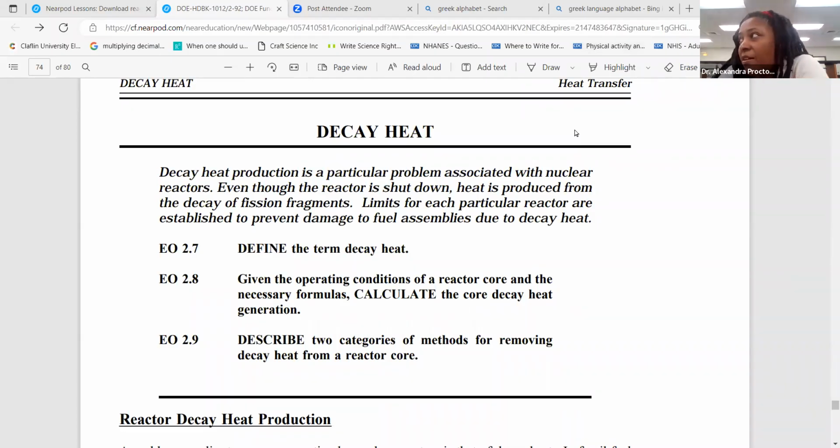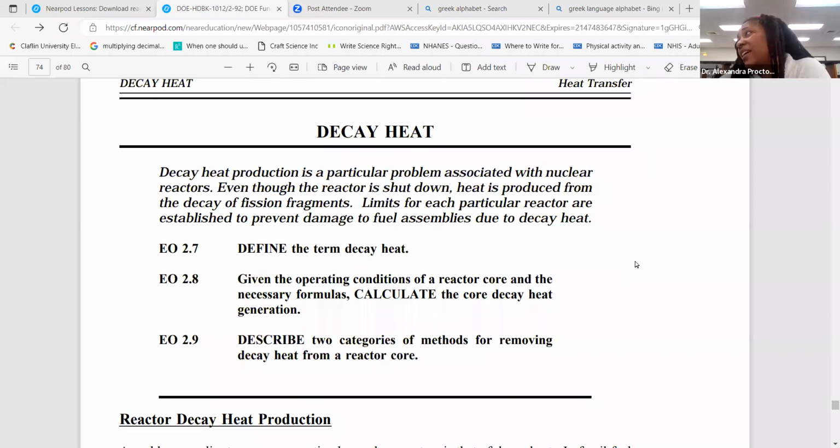So we talked about a few different methods of heat transfer. And now we're going to talk about decay heat. Decay heat production is a problem associated with nuclear reactors. Even though the reactor is shut down, heat is still produced from the decay of fission fragments, and limits for each particular reactor are established to prevent damage to fuel assemblies due to decay heat.